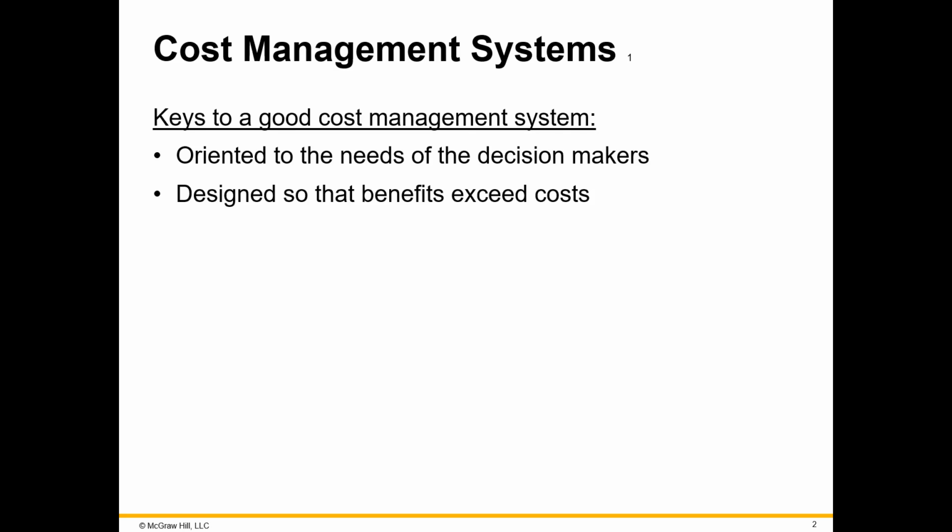Another important aspect of a cost management system is that benefits need to exceed the cost. So what does that mean? That means that keeping books and records is a cost to the company. You have to hire accountants, bookkeepers that work for the company, and you probably also have to hire an outside accountant, perhaps an outside tax return preparer.